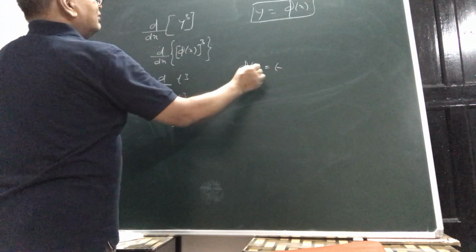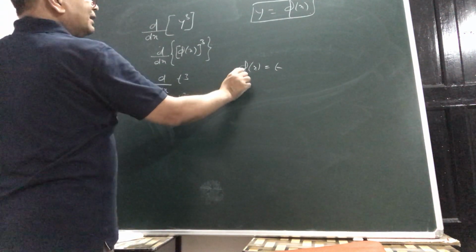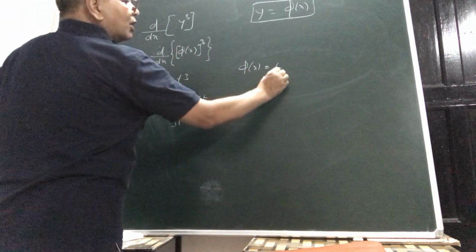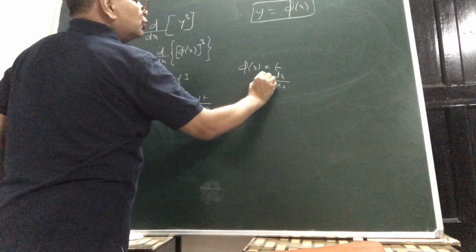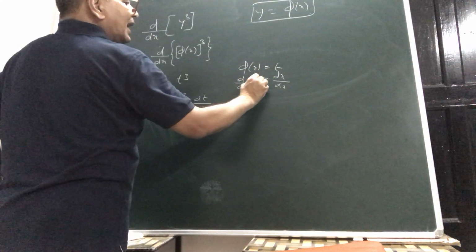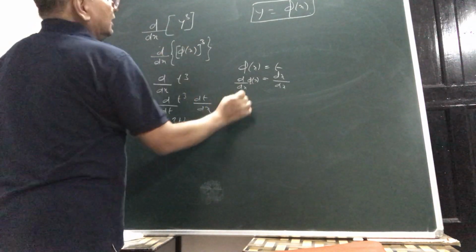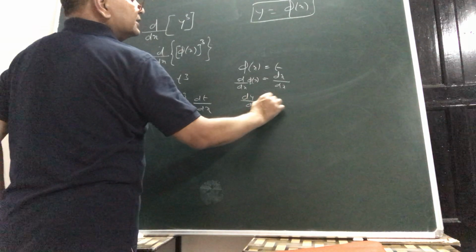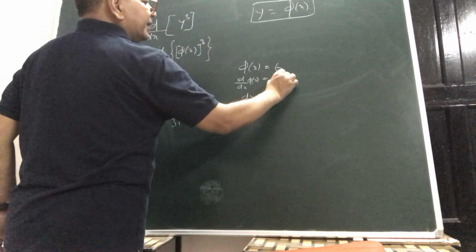Dt by dx will come from here, and 5x is nothing but y. So dt by dx is, because you don't know what is 5x, it will be d by dx of 5x, and 5x is y precisely. So it is dy by dx.